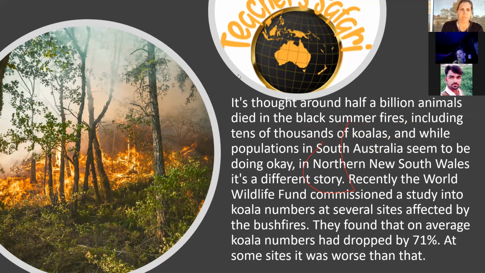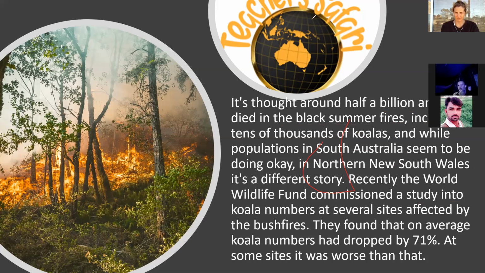It's thought around 500,000,000 animals died in the Black Summer fires, including tens of thousands of koalas. A population in South Australia seems to be doing okay. In New South Wales, it's a different story. Okay. Next, Samkan. Ma'am, may I continue? Yes.